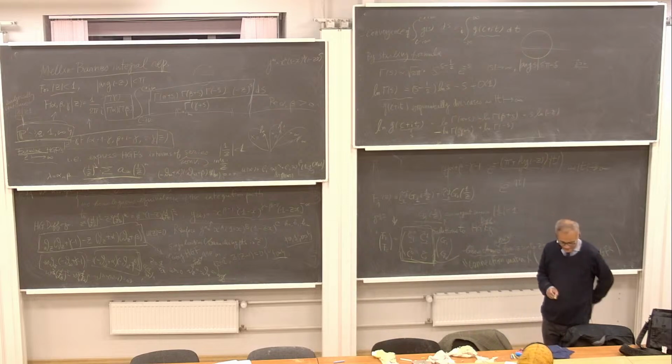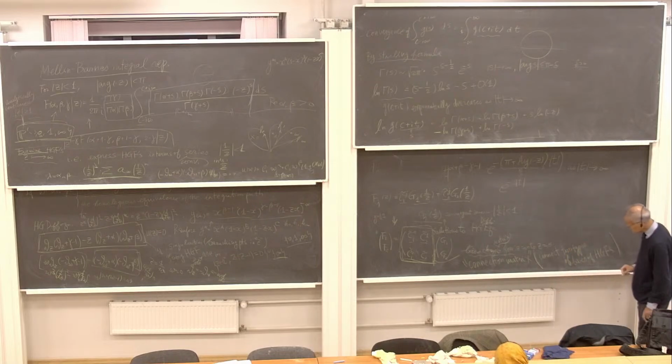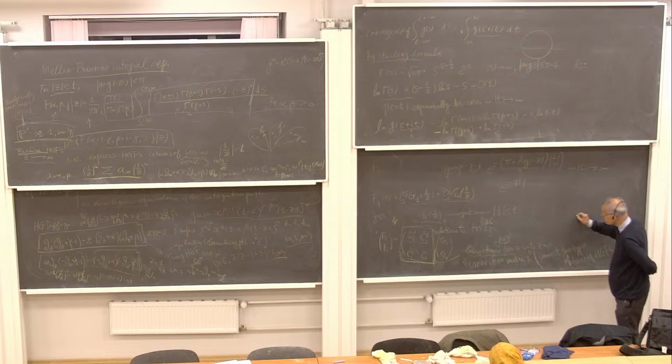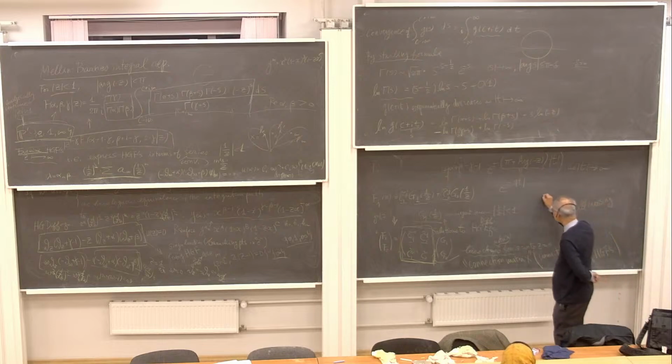So, for example, in the literature, you maybe have heard of wall crossing. So what is the wall here? The wall, in this case, is simply z equals 1.